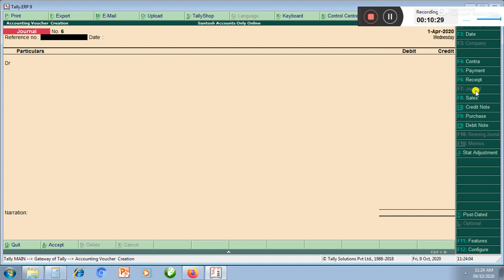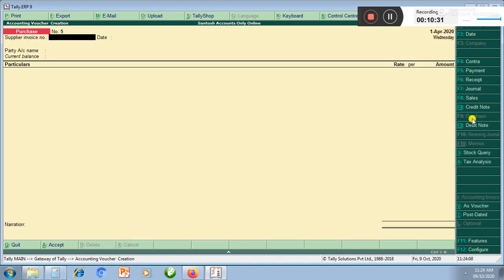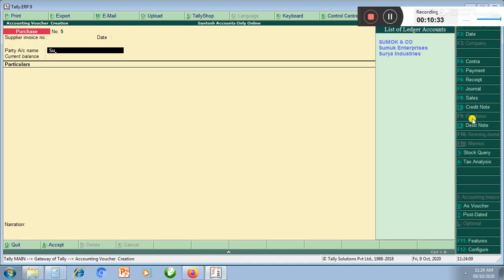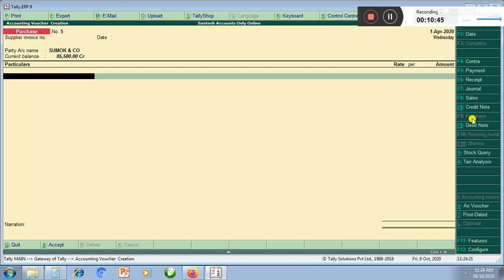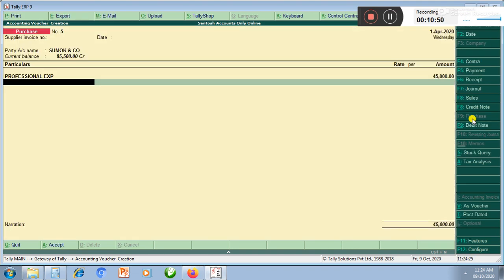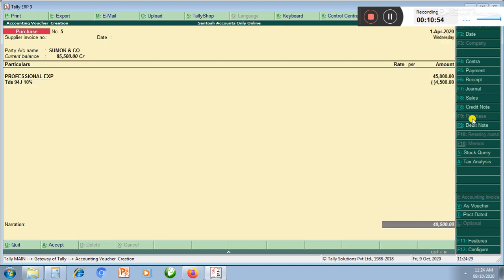Okay, and even purchase also, if you want to try, you can try it in purchase also. Sumuk. Remember, don't try to pass both the sides. Whenever you will be working anywhere, either you will be passing the purchase entry or journal, any one. Don't pass both the sides. Okay, Sumuk, professional expenses 45,000, TDS 94J minus 4,500. Sorry.